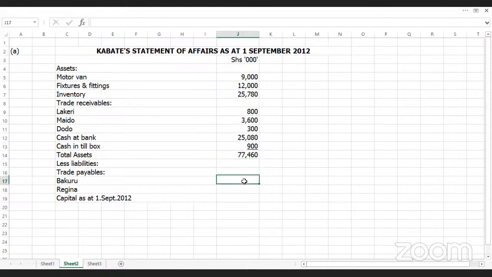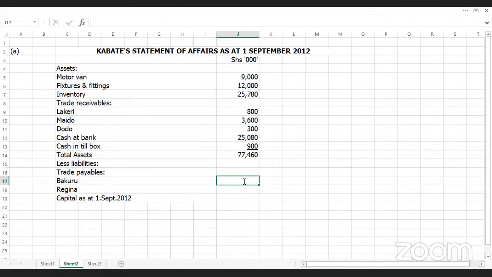How much is Bakuru's balance? It is 1,200.